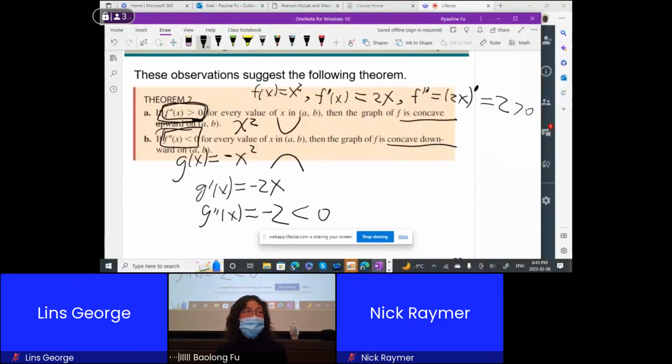Now we get that g second derivative is smaller than 0, so negative x squared is concave down. Any questions? Concave up, concave down, based on the second derivative. Second derivative positive, concave up. Second derivative negative, concave down.